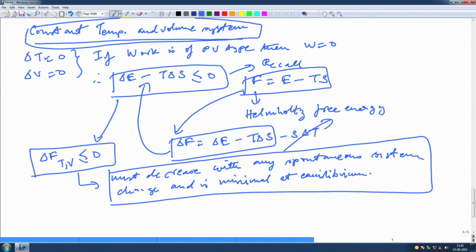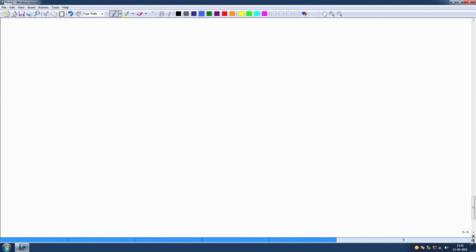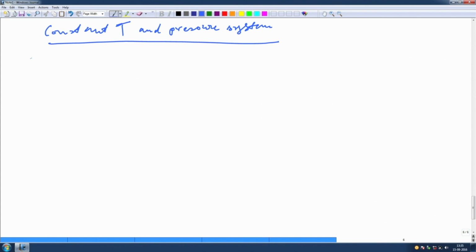Okay. So, similarly, and this would be the last thing that we will do, for a constant temperature and pressure system. That was the third system that I said: delta T is equal to 0, delta P is also equal to 0.